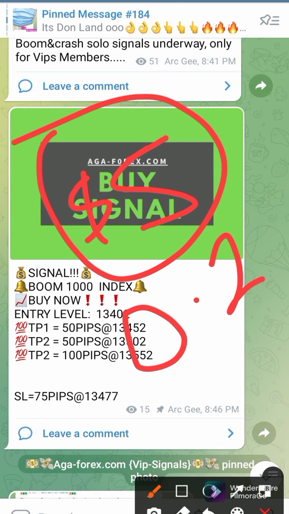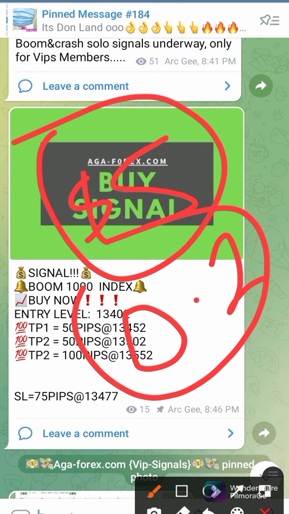So that's to tell you that you can only risk 20 cents.